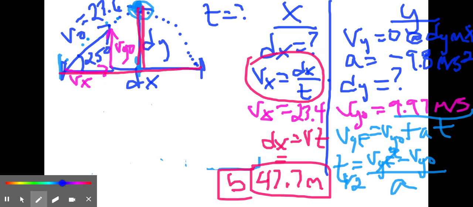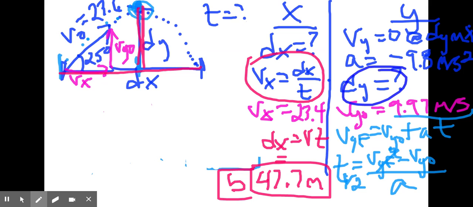So what we're looking for now is dy. You could use the equation dy equals v naught t plus 1/2 at squared. But we don't really want to do that because that introduces some sort of rounding error. So we want to try to avoid that. If you do use dy equals v naught t plus 1/2 at squared, make sure you're using time 1/2.